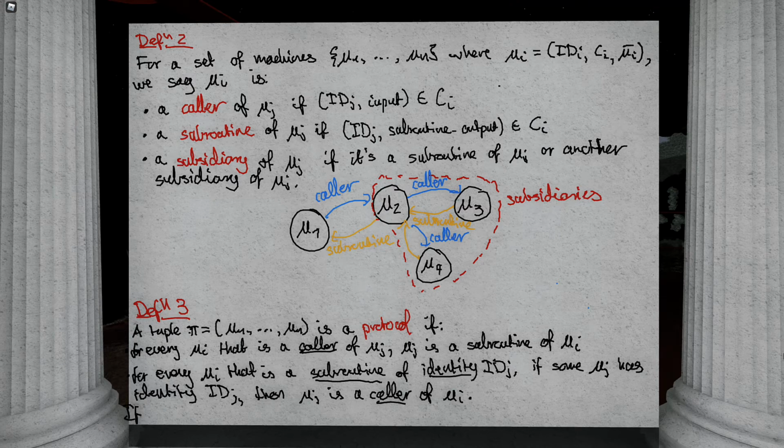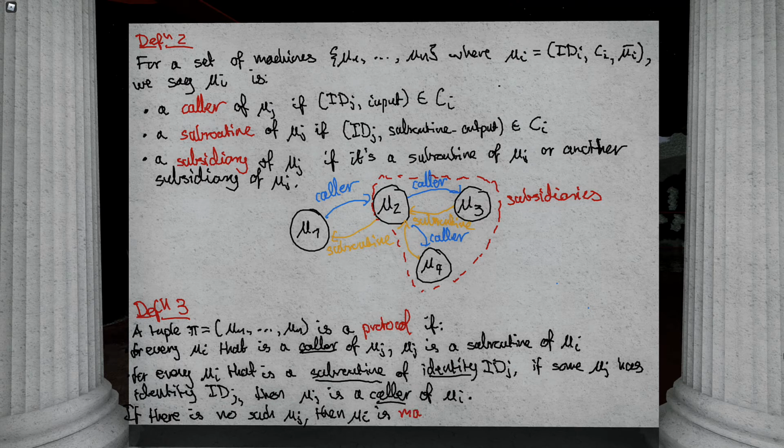So if there's no such mu j that has the identity IDJ, we say that mu I is a main machine.